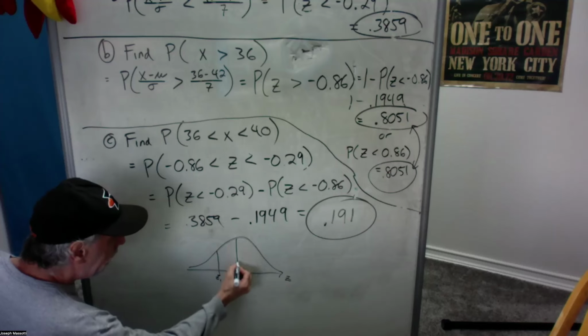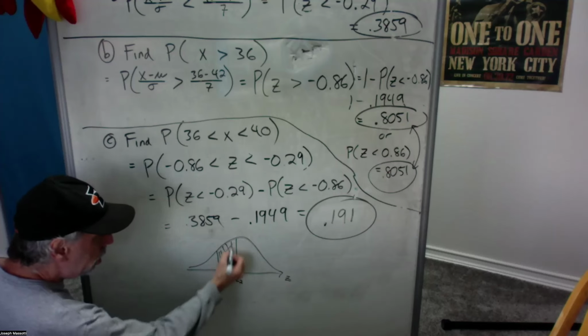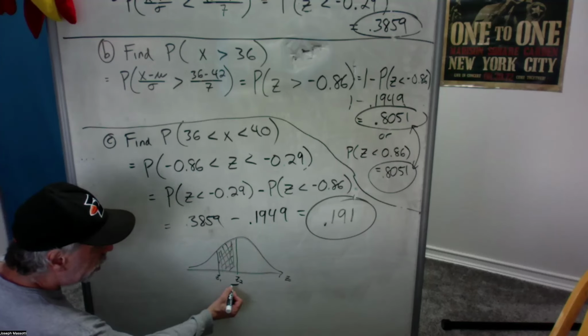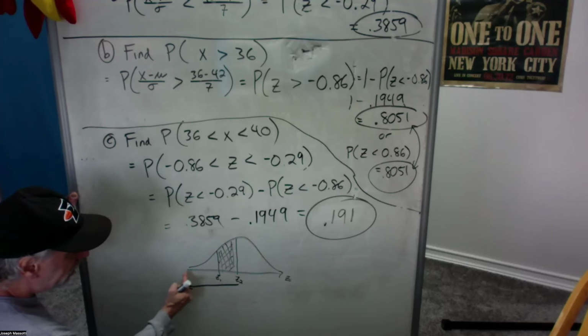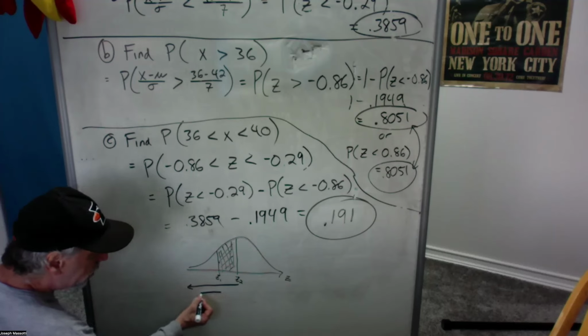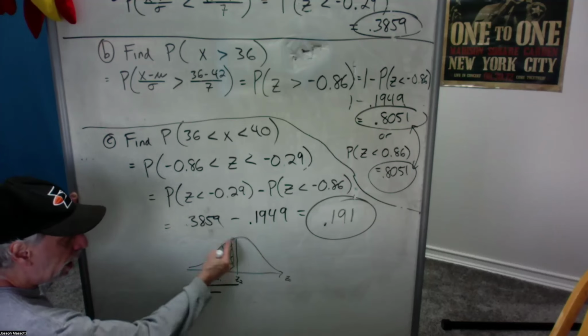We're looking for the area between those two numbers in the z distribution. So what we do is we take the probability below the larger number, all of this probability to the left, and then we subtract off the probability below the smaller number, and that leaves us with the area that we want.